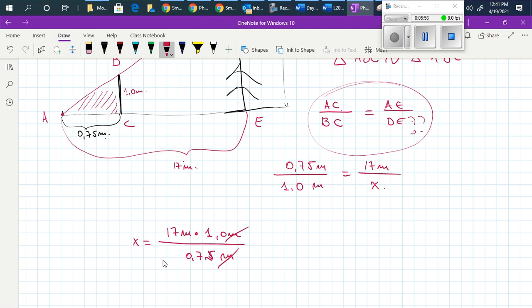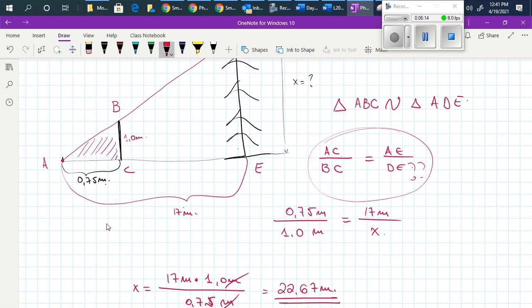Meters and meters cancel out, and then we will have that the height of the tree is 22.67 meters. Okay. So this is showing us that light follows what is known as the laws of geometry.